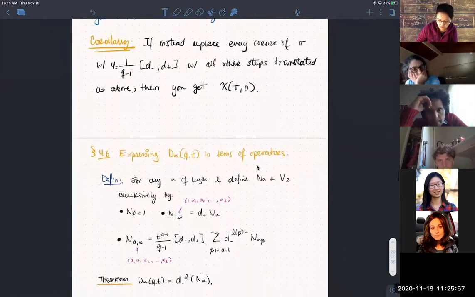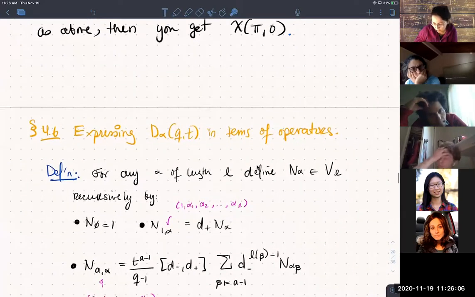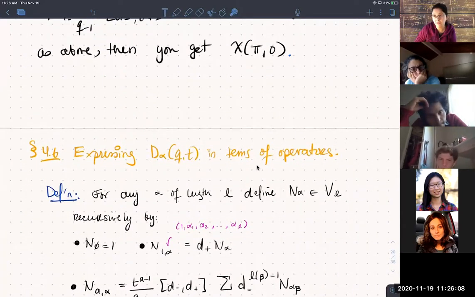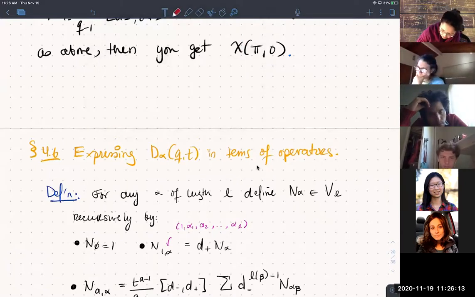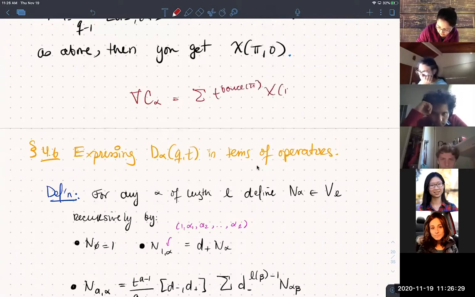Okay, so now what are we going to do? Now we're going to move past those theorems, which we will use later. What we want is to go back to the goal of expressing d alpha qt. Let me remind you, the statement of the compositional shuffle conjecture was that nabla C alpha was the sum over pi of t to the bounce of pi times chi of pi 0.